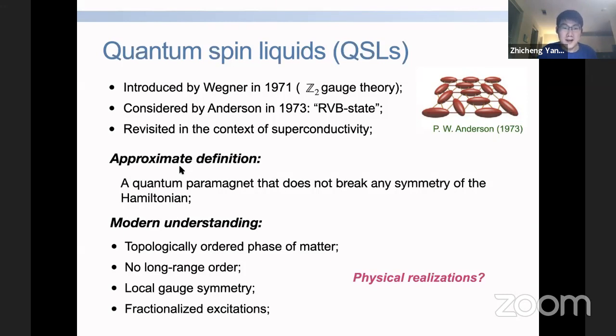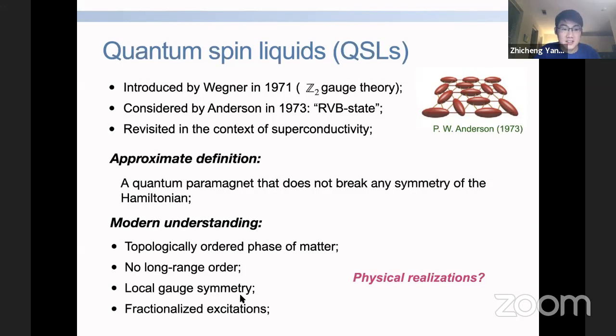And of course, after theoretical efforts for many years, we've started to look at quantum spin liquids from completely different perspectives. In particular, it led to this notion of topologically ordered phases of matter. The system does not have long-range order.